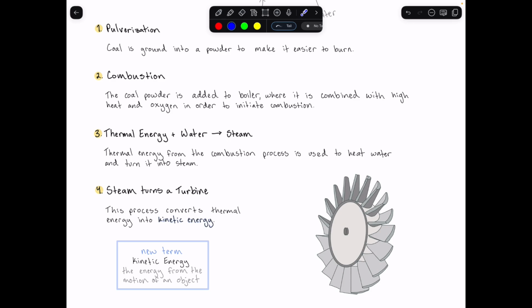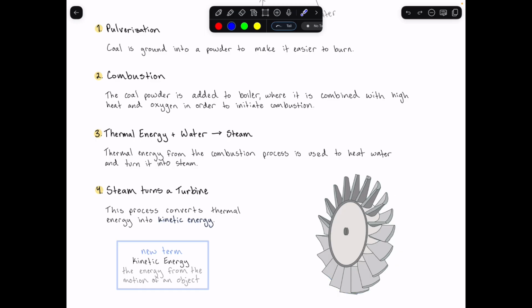So a car, for example, has kinetic energy when it's driving on the highway, and you have kinetic energy when you're walking from one location to another. And here, in this example, the steam is making this turbine rotate.